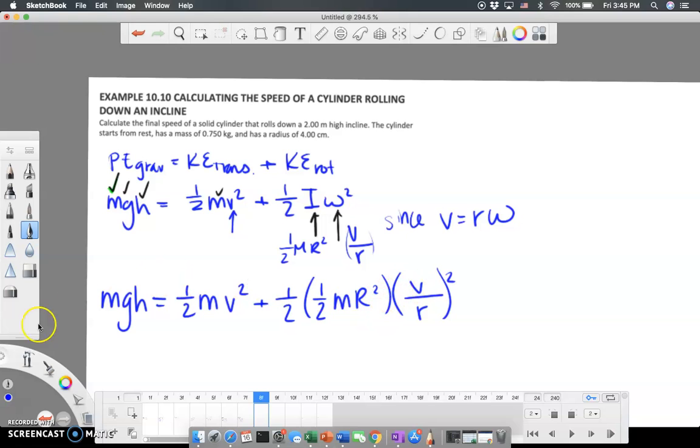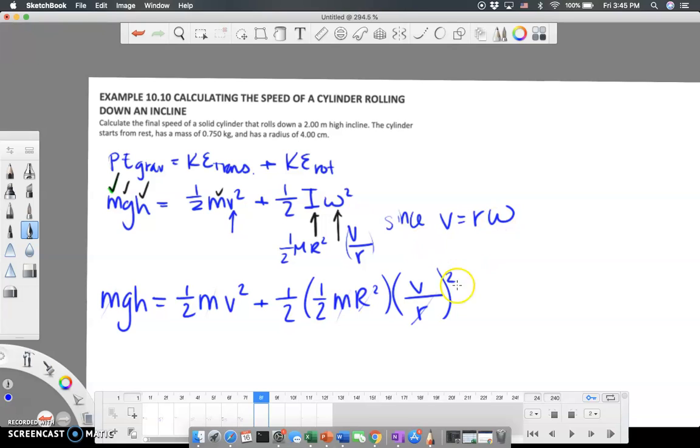You may notice that every single term has a mass in it, so we can actually cross those out. These two terms, our radii, can be crossed out.